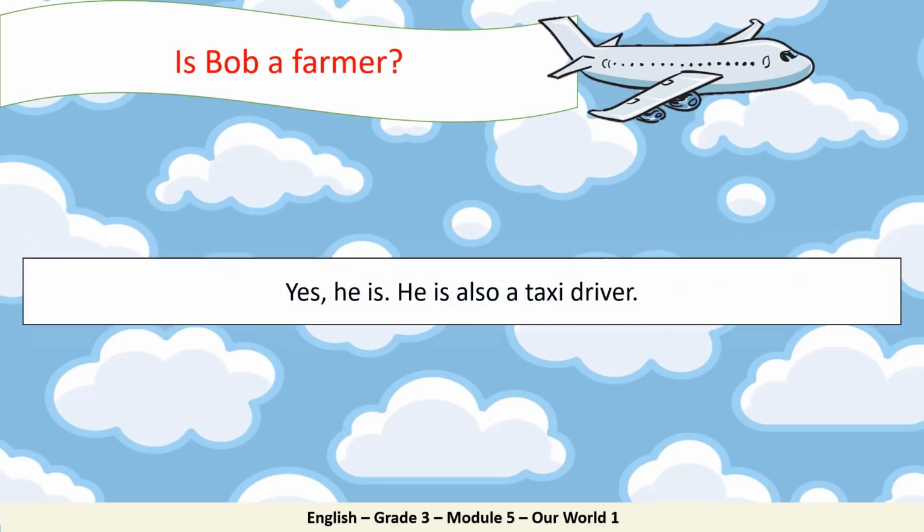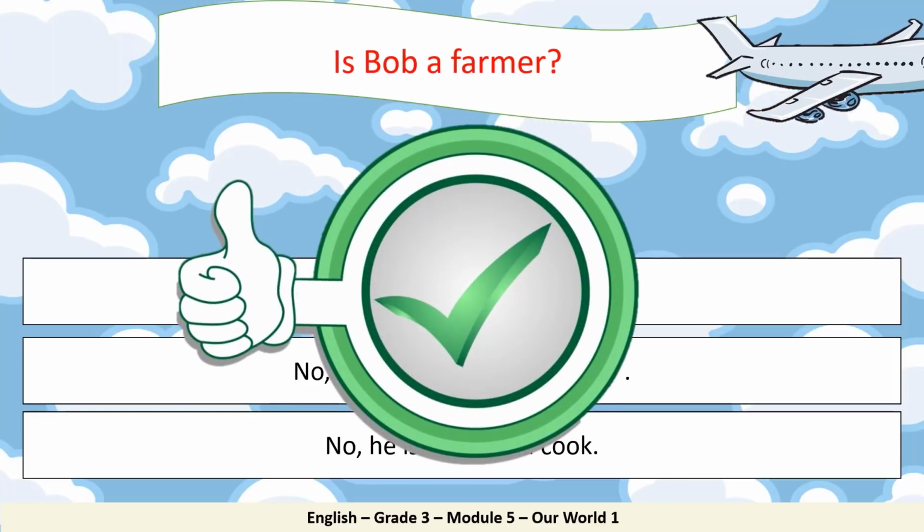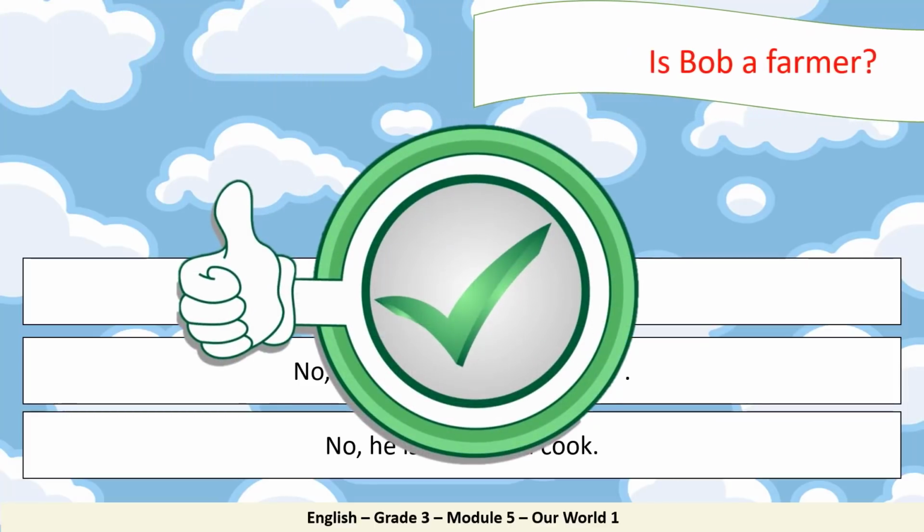Is Bob a farmer? Yes, he is. He is also a taxi driver. No, he isn't. He is a taxi driver. Or no, he isn't. He's a cook. Very good. Yes, he is. He is also a taxi driver.